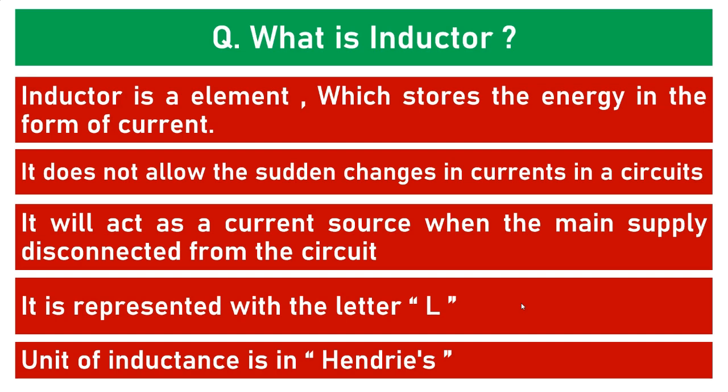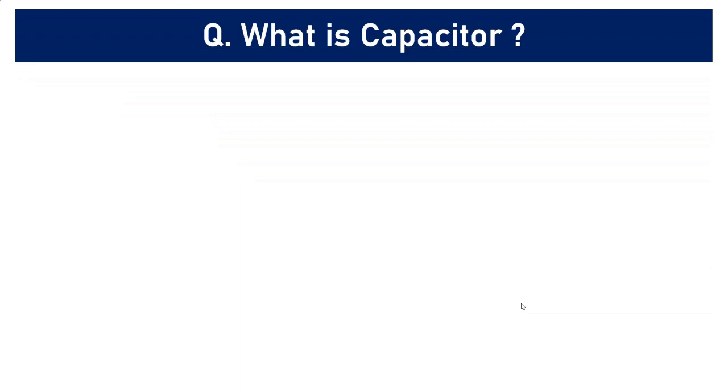So this is about the inductor. Now coming to the capacitor. What is capacitor, and what is the main property of capacitor, whether this capacitor stores the energy or not? What is the unit of capacitor, and also what is the letter we use to represent this capacitor? Now coming to the first thing, the definition of capacitor.